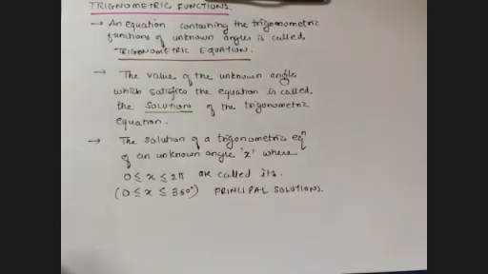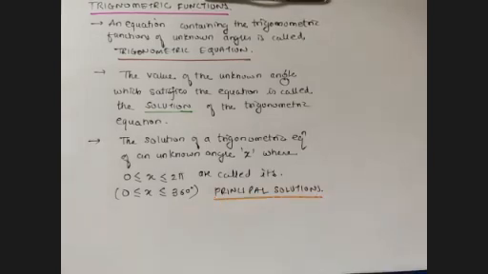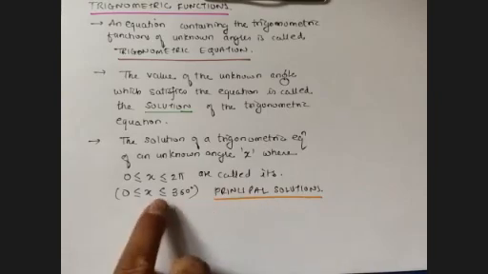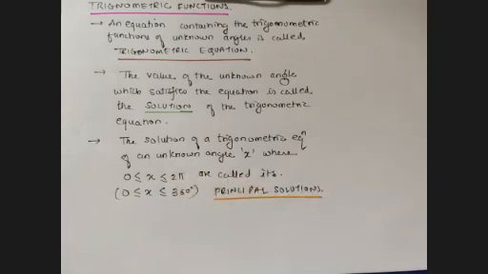So we are dealing with principal solutions. A solution of a trigonometric equation of an unknown angle where the angle is between 0 and 2 pi is called a principal solution.